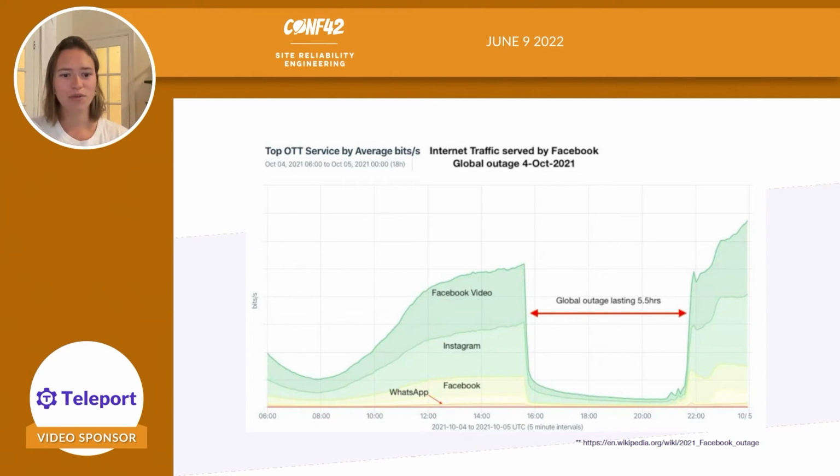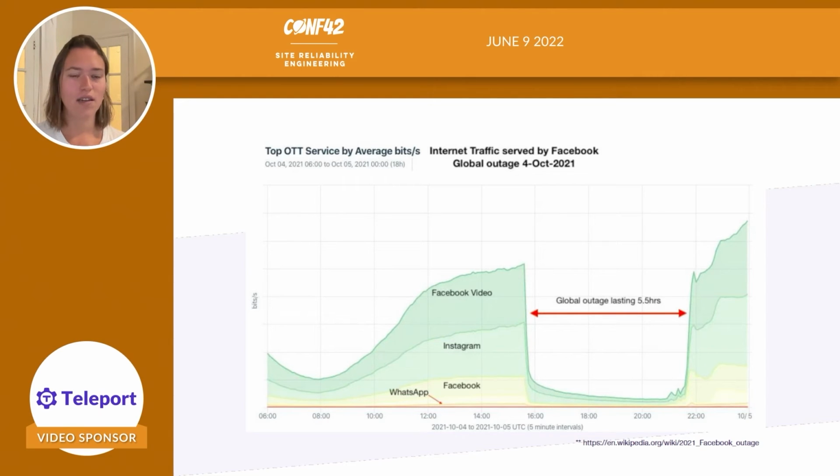And so the outage was actually triggered by a system that manages the global backbone network capacity for Facebook. And basically, it's built to connect all the computing facilities together, and they consist of tens of thousands of miles of fiber optic cables crossing the globe and linked to all their data centers.